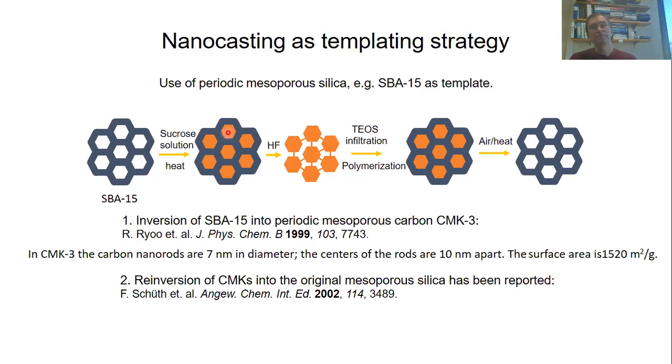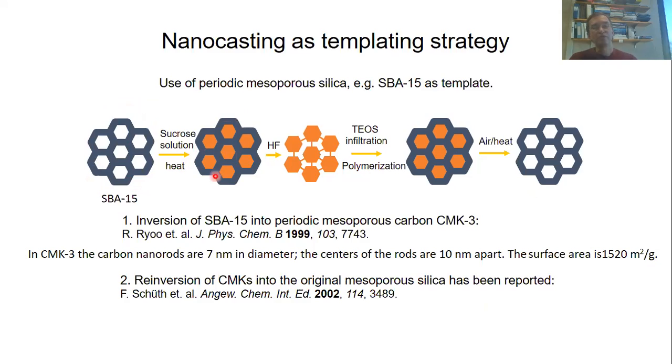Now remember that a material like SBA 15 also has little micropores in between the mesopores. Therefore, these mesopores are interconnected via little micropores that are also filled with carbon.